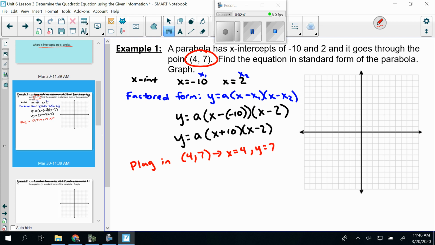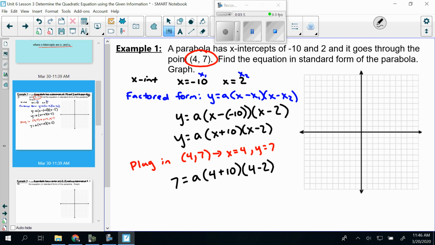So we're going to plug into this equation 7 in for y, and then any x's we're going to plug in 4. So we're going to put a 4 in for that x, and we're going to put a 4 in for that x. Now, because there's only one variable here, a, we should be able to solve that out and figure out our one missing piece of information there, a.